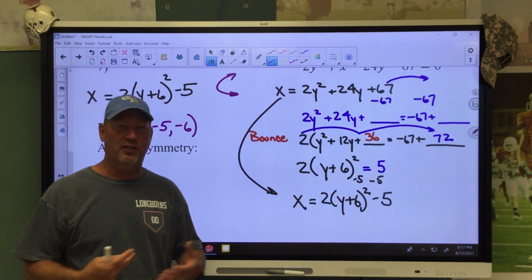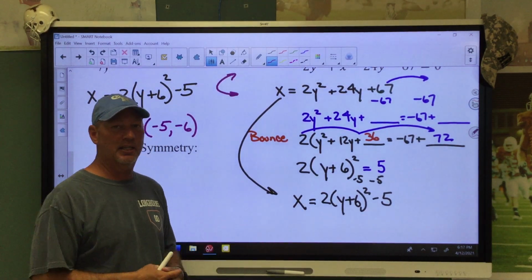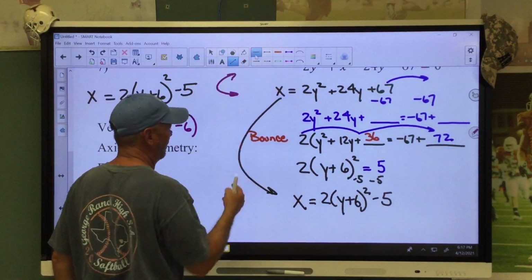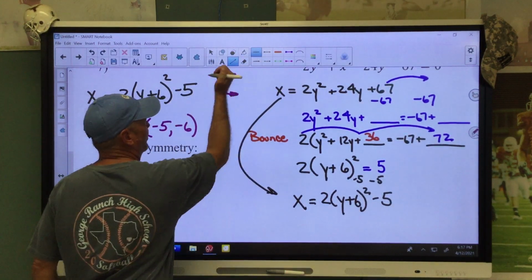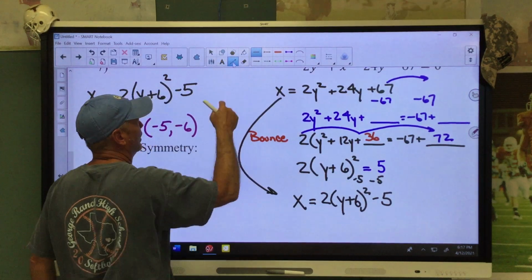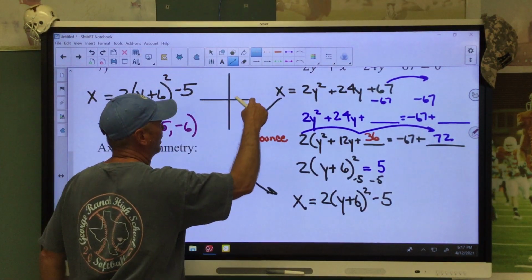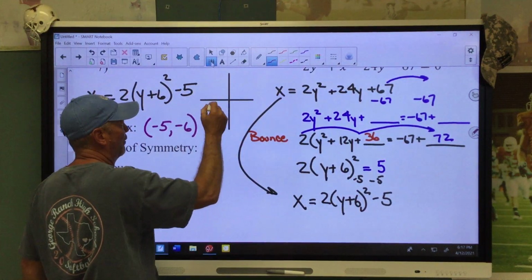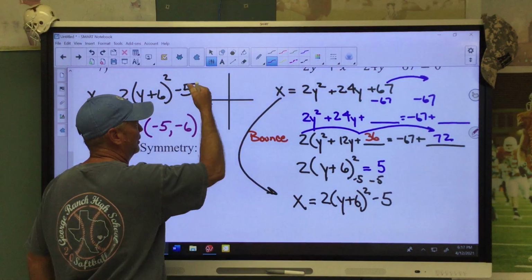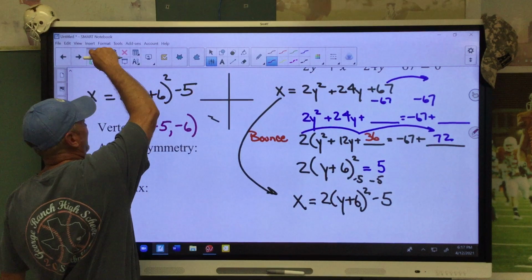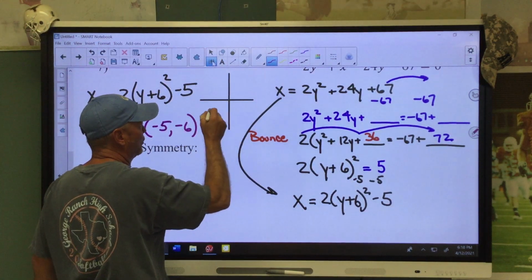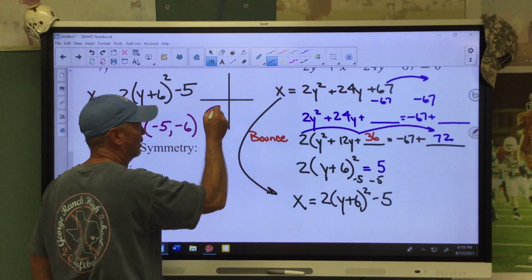Okay? Now, we got to find our axis of symmetry. I can't do this without sketching a graph. I'm a visual person, so I'm going to sketch a graph real quick. -5, -6. We're going to be over here somewhere. We're going to open up this way to the right.